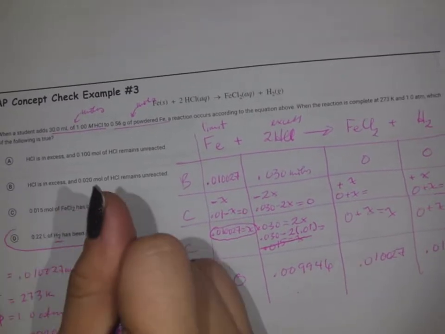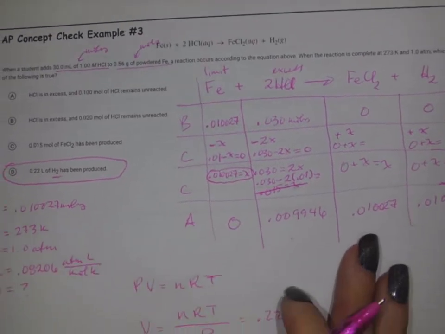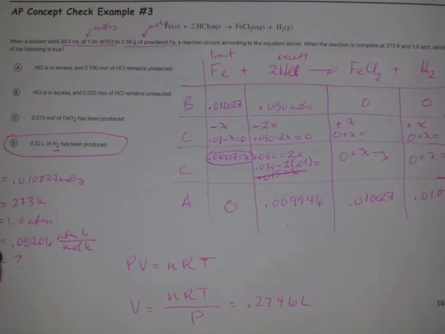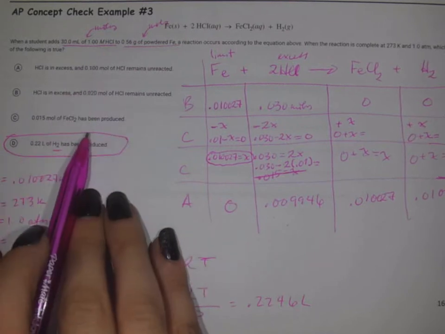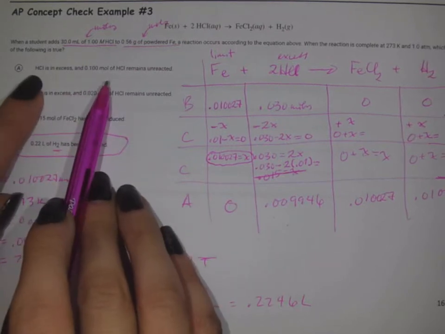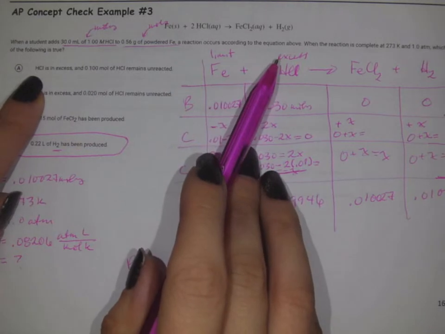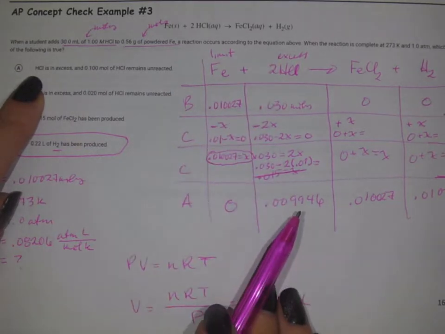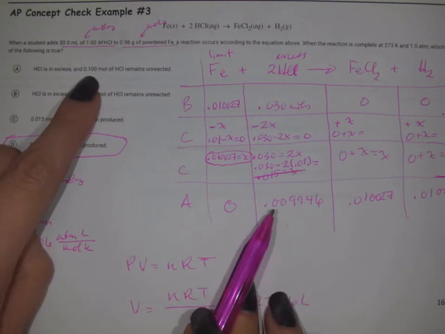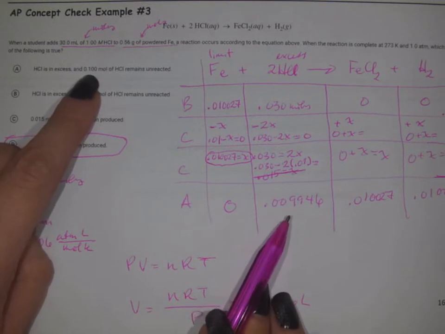Now, something I want to point out to you. We didn't have to do the PV equals nRT, because we did eliminate all the other answer options. Like we did say that HCl is in excess, but we did not produce 0.1 moles. We produced 0.009 or 0.01 moles. That's why I was a little hesitant.